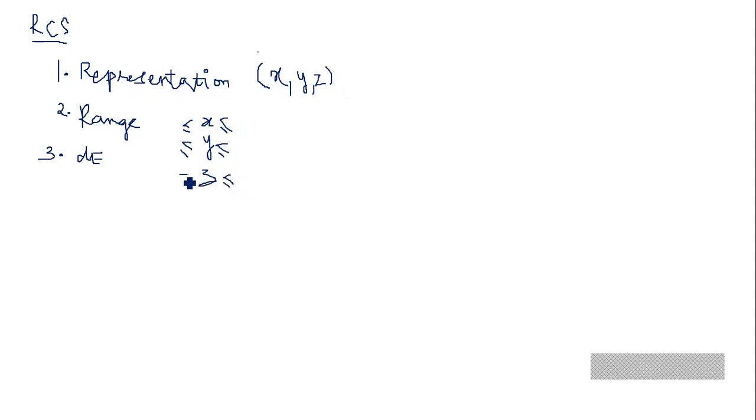Before going further, I would like to draw one small figure for the rectangular coordinate system. Let me consider its axes to be here: x-axis, y-axis, and z-axis. If I take an infinite line charge from the origin, it goes like this. Let me draw it as a dotted line.